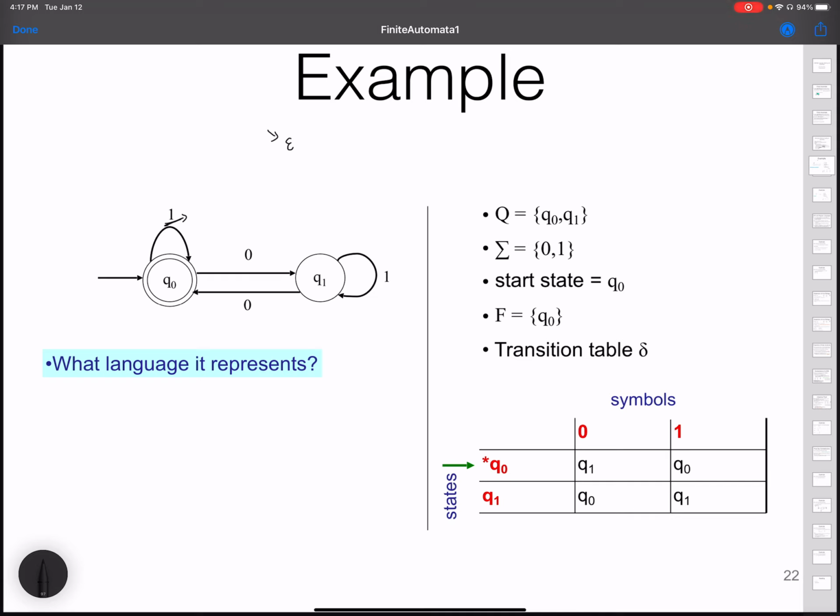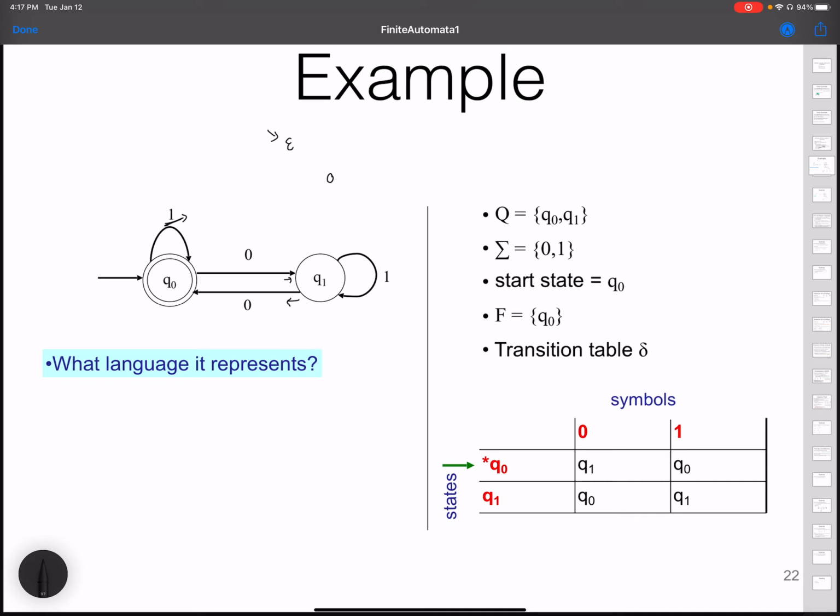What else can I see? If I am at Q0 and I see a zero, I will go to Q1, which is not accepting. So seeing a single zero is going to make your string unaccepted, right? It will reject your string. But you can make it accepted if you see another zero.